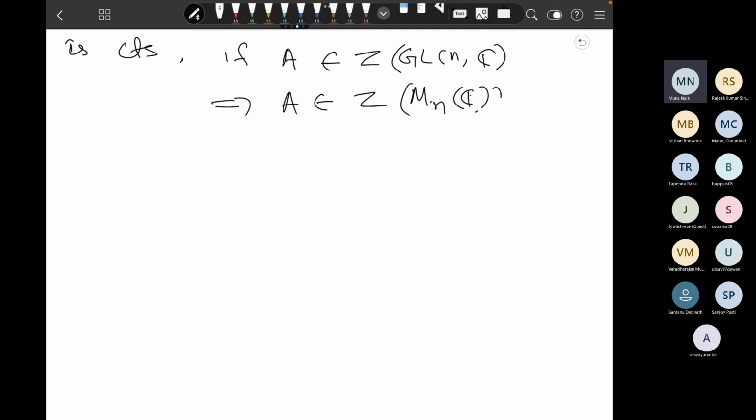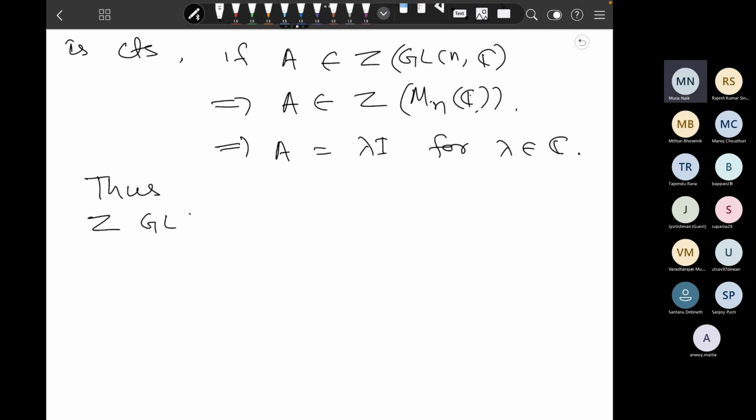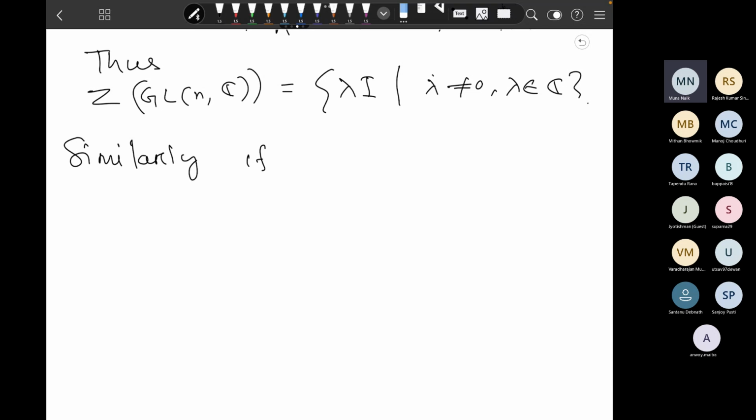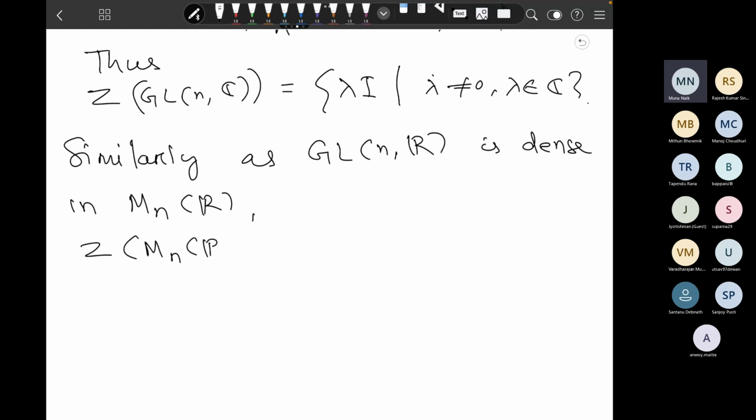By continuity, you can easily check that this implies A equals λI for λ belonging to C. Therefore, you can conclude that Z(GL_n(C)) is equal to {λI : λ not equal to 0 and λ belongs to C}, that is, λ belongs to C star. Similarly, GL_n(R) is dense in M_n(R), and Z(GL_n(R)) is {λI : λ belongs to R star}.